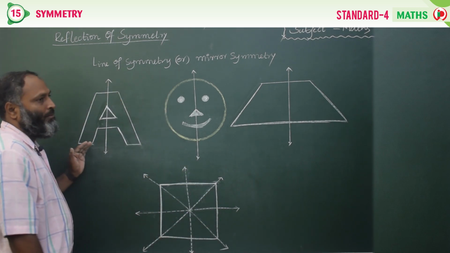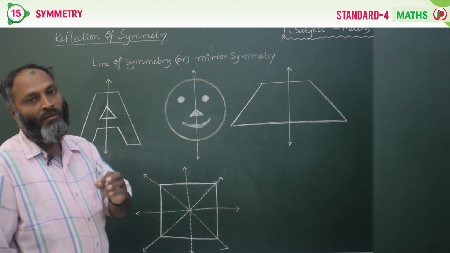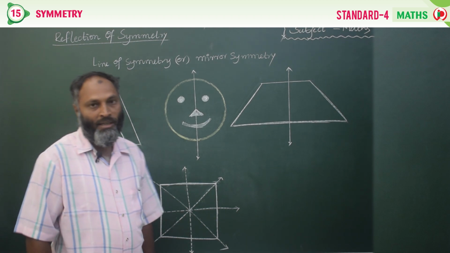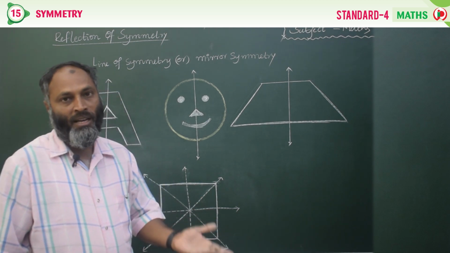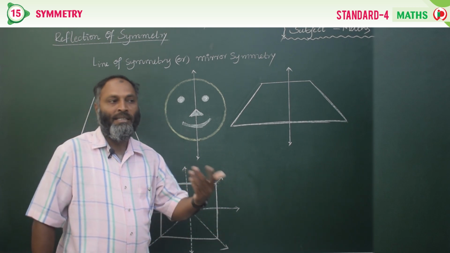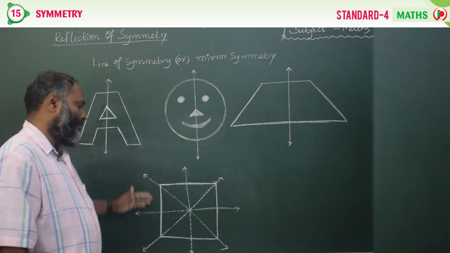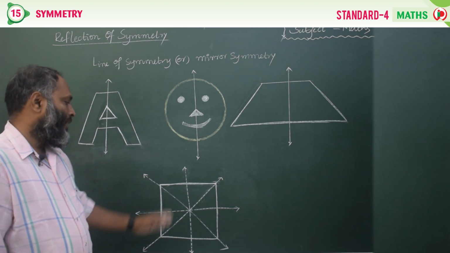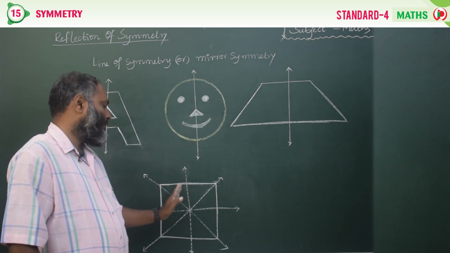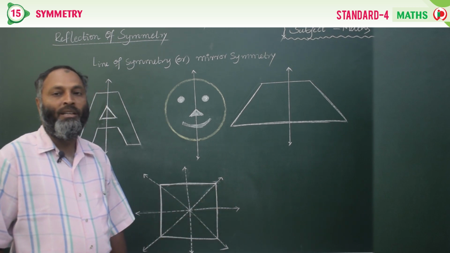It doesn't mean that a line of symmetry is always a vertical line. Sometimes you get vertical lines, horizontal lines, and slanting lines too. For example, a square. If you take a vertical line, you form two identical shapes, left and right.